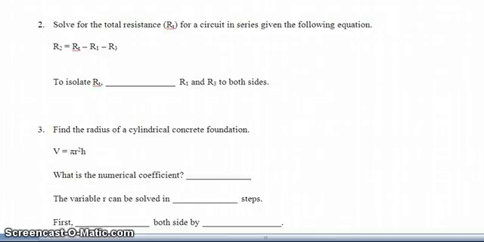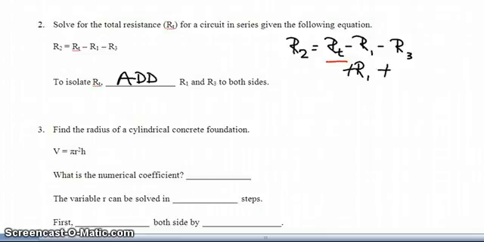Our goal is to isolate R sub T, so to do that I need to add R sub 1 and R sub 3 to both sides. I'm going to move my equation a little bit off this way, so I have R sub 2 equals R sub T minus R sub 1 minus R sub 3. And to isolate R sub T, I need to add the R sub 1 and R sub 3, and I can do that all in the same step, to the right side of the equation.